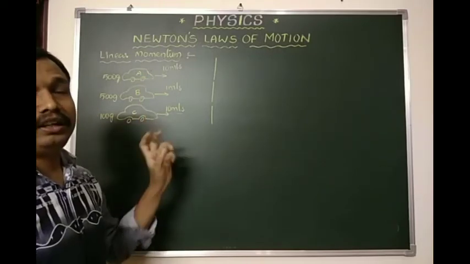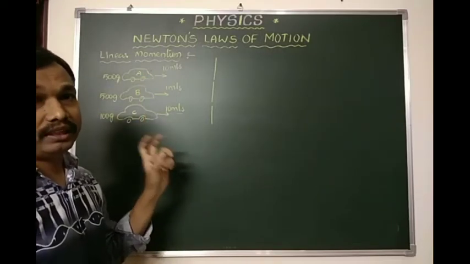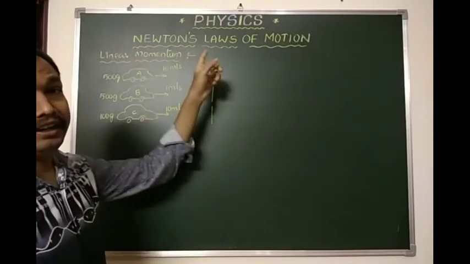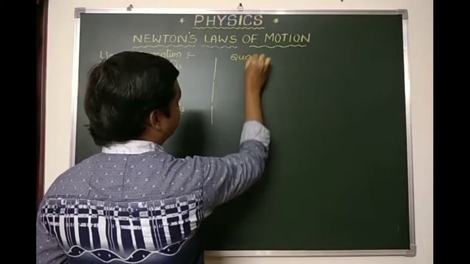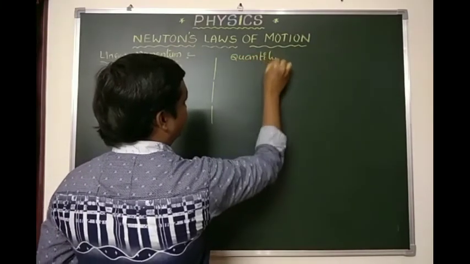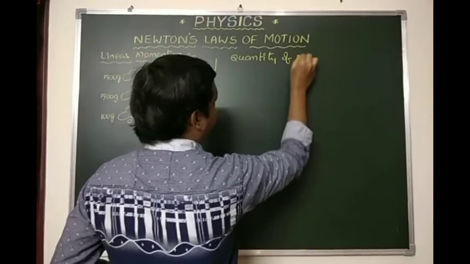The quantity of motion of a body is called linear momentum.